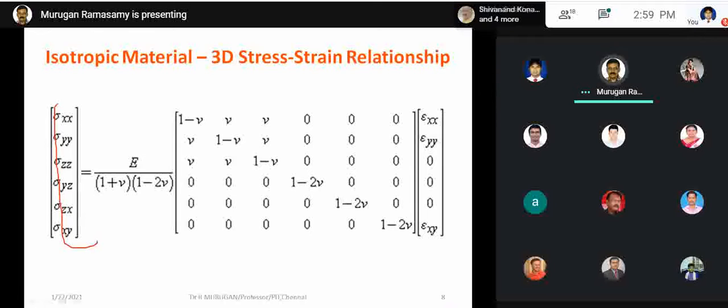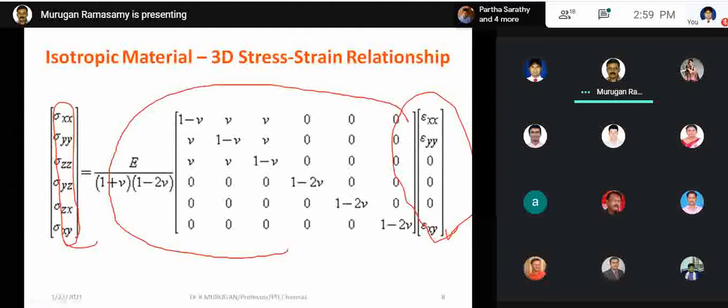So here, these are the 6 types of stresses for the 3-dimensional element, and here we have the strain. Now here I am showing this stress strain relationship for the plane stress plane strain condition, just for our understanding purpose. So this is called the stress strain relationship. In between we have a constitutive matrix or elasticity matrix.